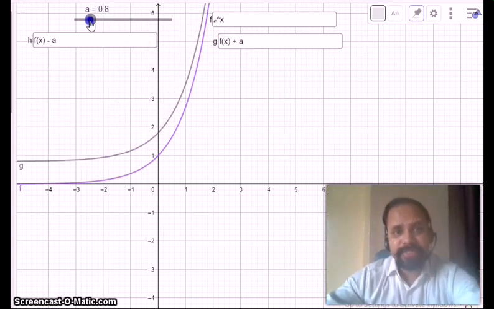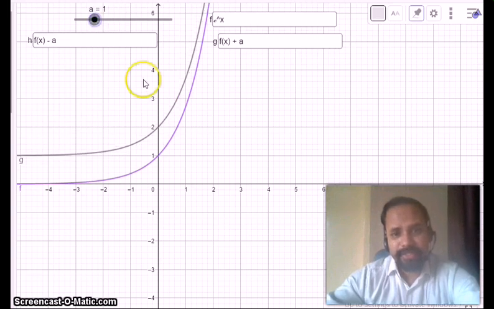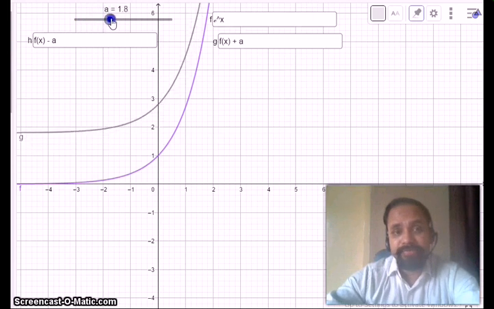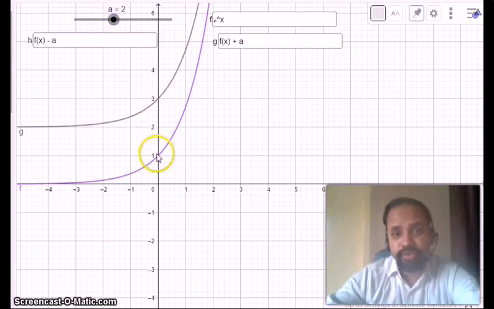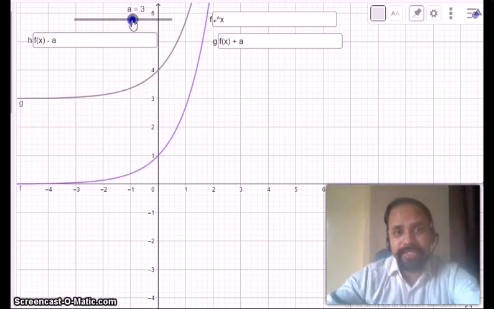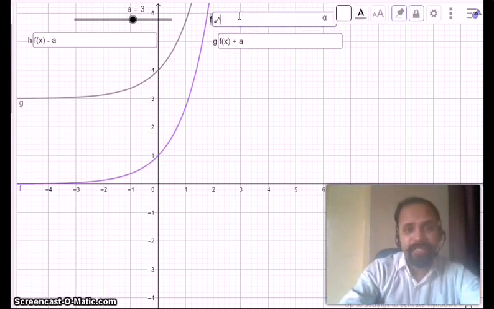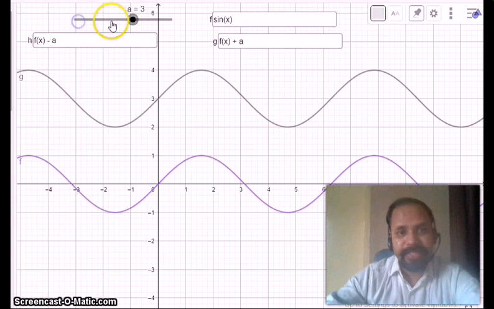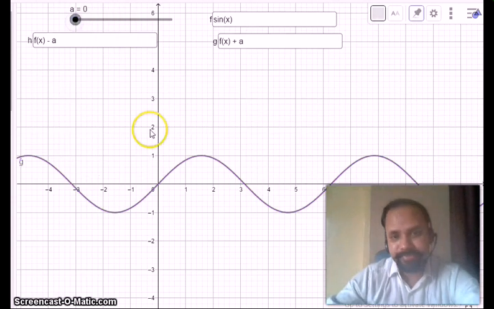See the value. If a equals 1, then the graph moves to y equals 1. If a is 2, then it comes 2 units up, 1 unit, 2 units. And again, if it is 3, then from here 1 unit, 2 units, 3 units. If we have sin x, then also please see, we have the graph of sin x here.